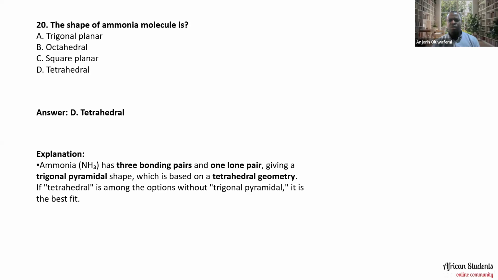And the reason is because ammonia has 3 bonding pairs and 1 lone pair, giving a trigonal pyramidal shape, which is based on a tetrahedral geometry. If tetrahedral is among the options without trigonal pyramidal, then it is the best fit. But because it's not there, that will suffice.